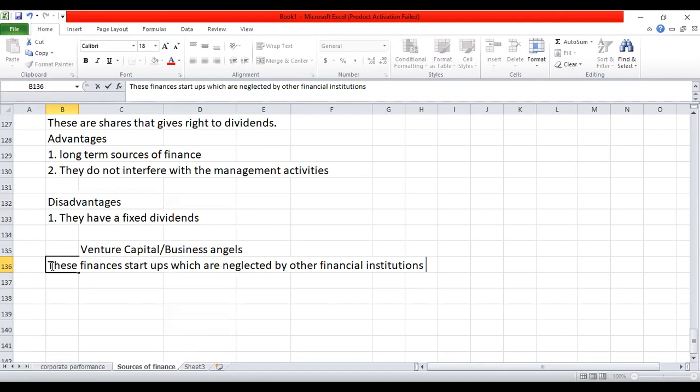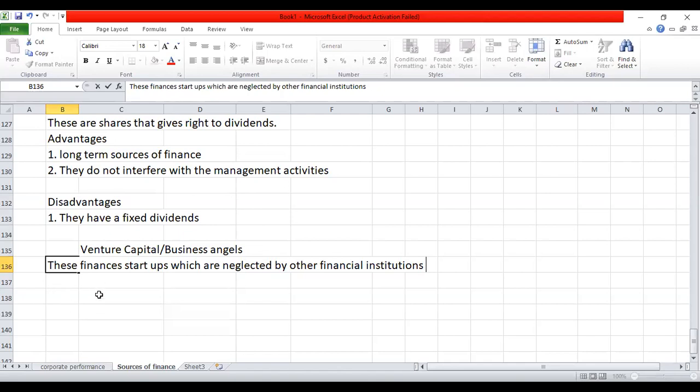They can ask the business to give them shares, to give them a management role, but once you have a very good idea, they can finance that idea. That's what we call venture capital.